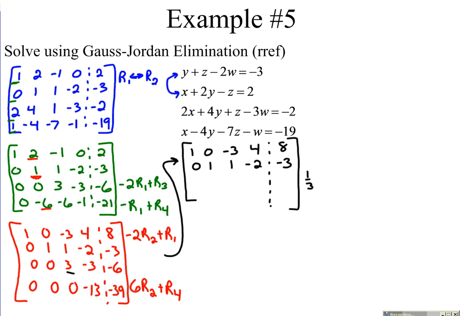I'm now going to take 1/3 times row 3. We get 0, 0, 1, -1, -2. Row 4 stays the same, 0, 0, 0, -13, -39.